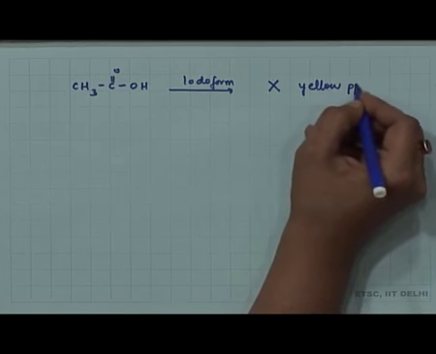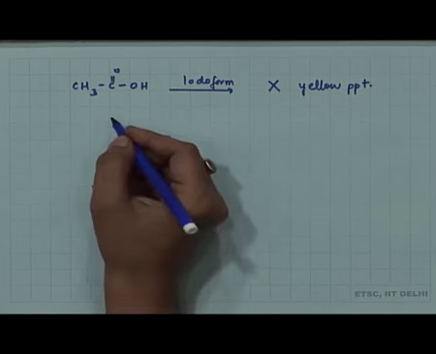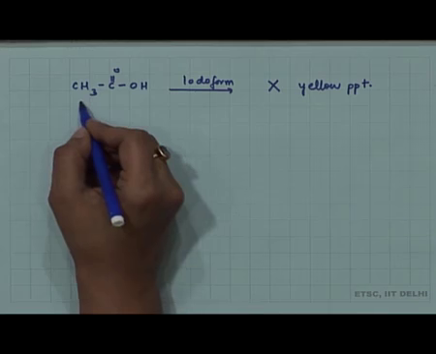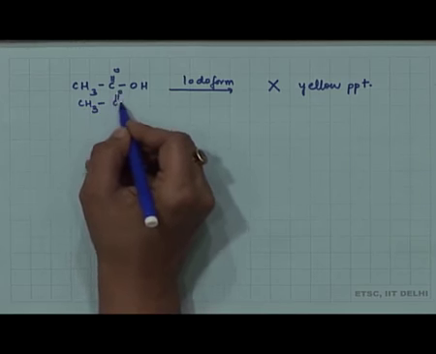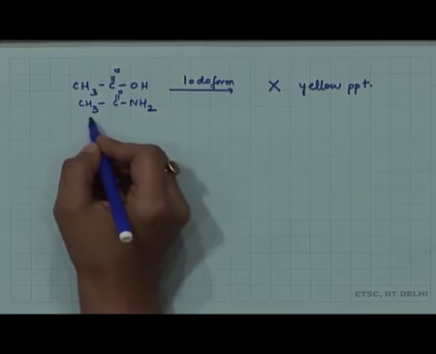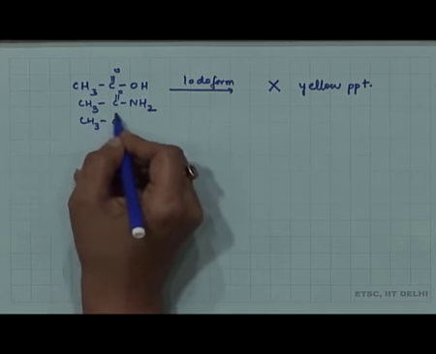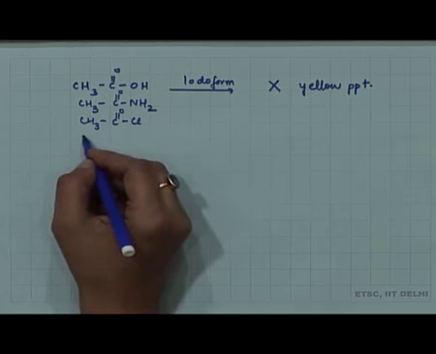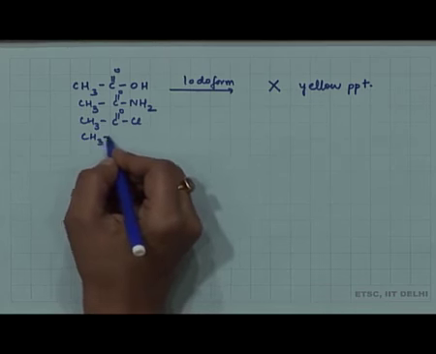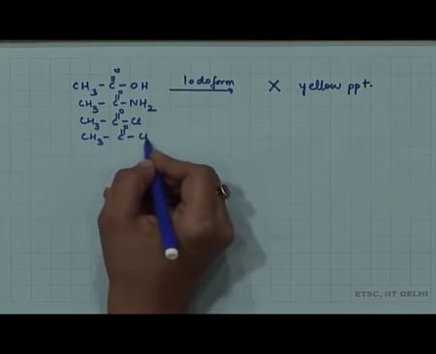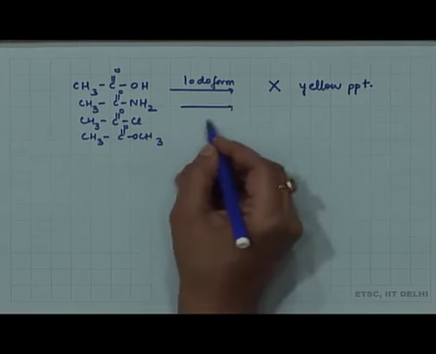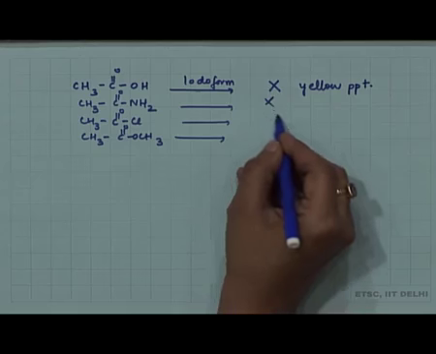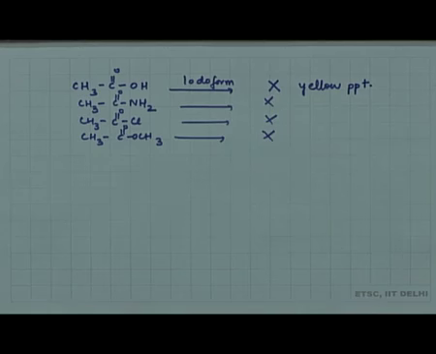It responds negatively to this reaction. Likewise, if you take another acid derivative, acetamide, acetyl chloride, or the methyl ester, each of these gives a negative iodoform test.